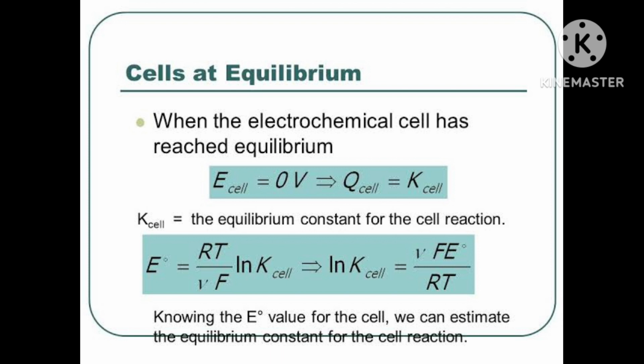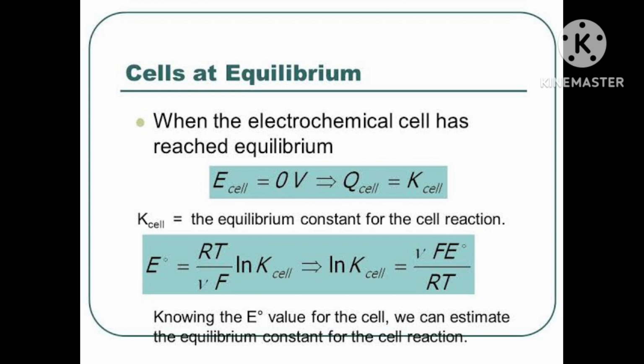Cu is becoming Cu2+, and 2 Ag+ is converting to 2 Ag solid silver. It means 2 electrons are involved in this reaction. The only thing you have to find out is how many electrons are taking part. Then 2 electrons are taking part.